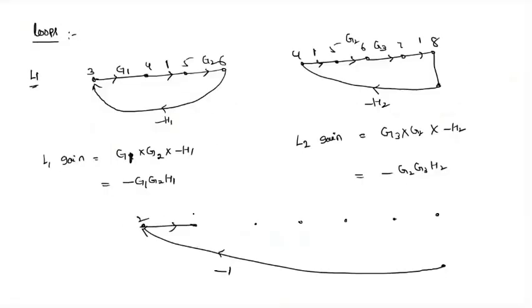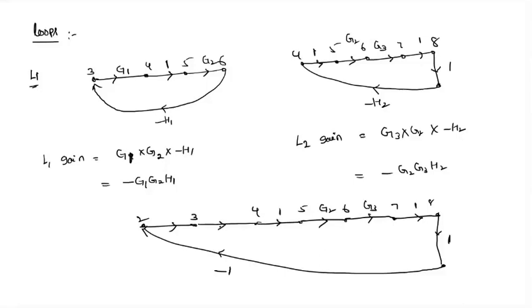This is 2, 3, 4, 5, 6, 7, 8. So 8 to 10 will have 1 only anyhow. 7 to 8 will have 1. 6 to 7 will have G3. 5 to 6 will have G2. 4 to 5 will have 1. And 3 to 4 will have G1.